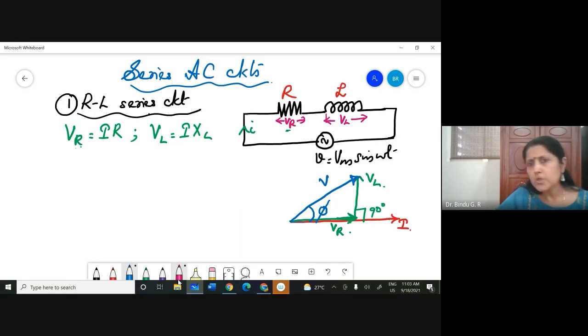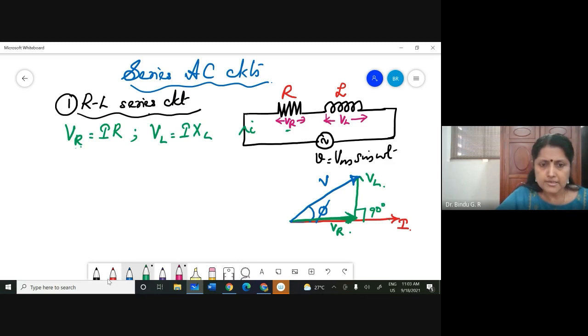VR, which is the voltage drop across the resistance, will be in phase with the current flowing through it. So I have drawn VR like this. Now, in an inductance, I know current is lagging. In a pure inductance, current lags behind voltage by 90 degrees, or I can say the same thing as voltage is leading current by 90 degrees.